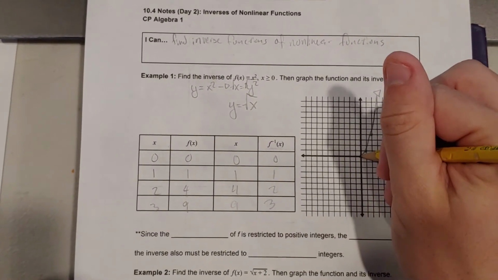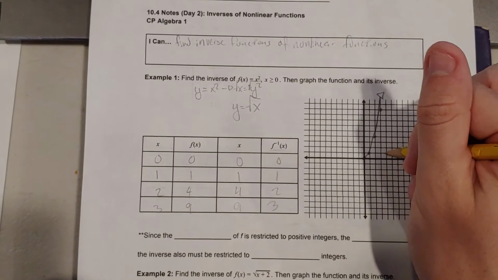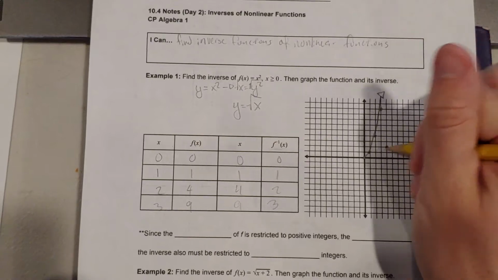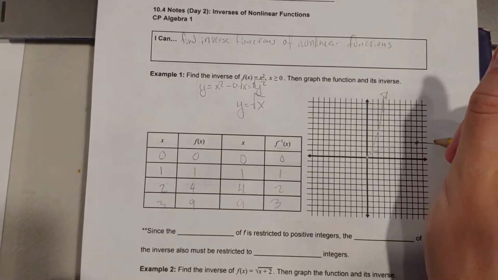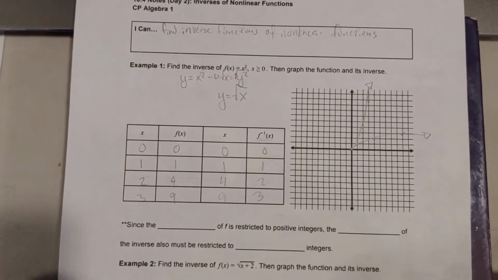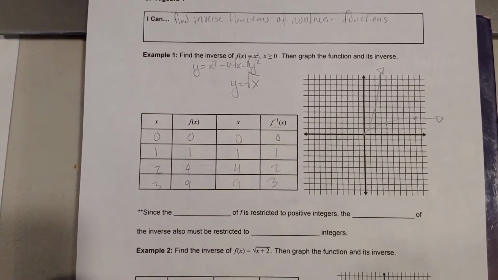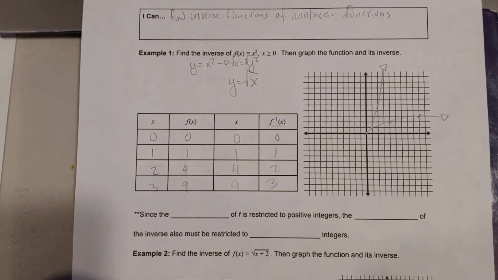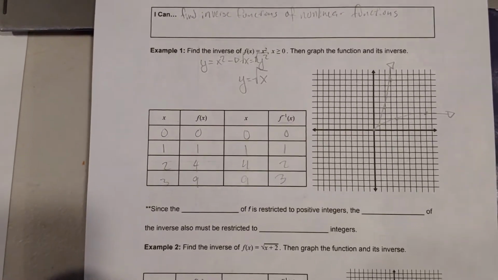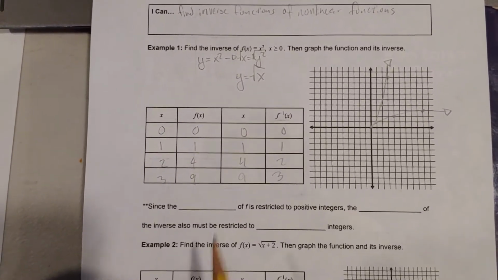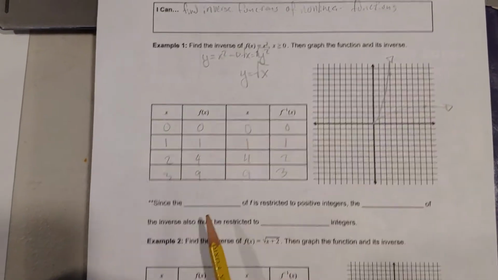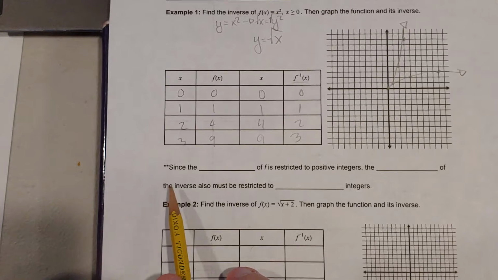And we're going to do the same thing over here: 1, 1, 4, 2, and then 9, 3. And that's pretty much it. I would just be careful as to which numbers you pick for your x, so that they can fit on the graph.